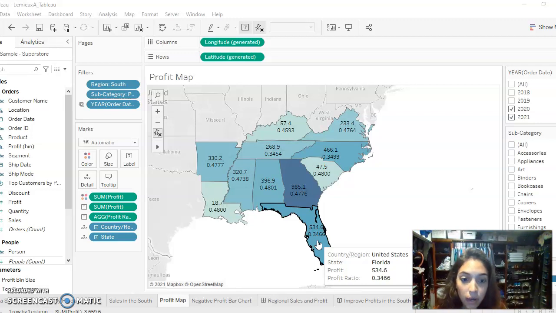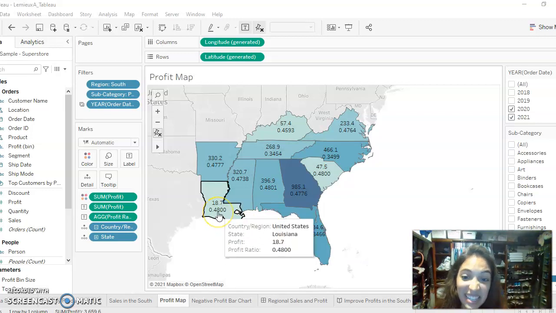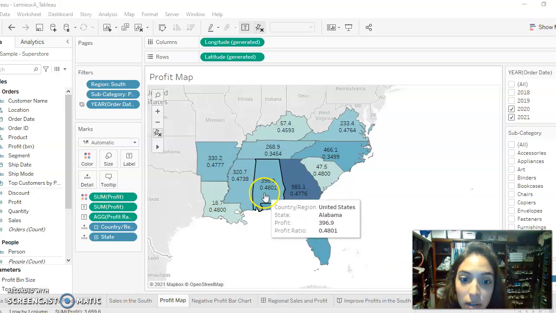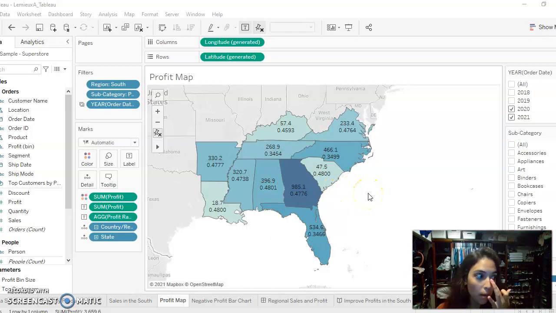Let's see, Florida, we're getting there with paper. Louisiana looks like it'd be the closest, or Alabama. A good profit ratio means that a company can make profit off it or make their money back. They're more likely to do that.